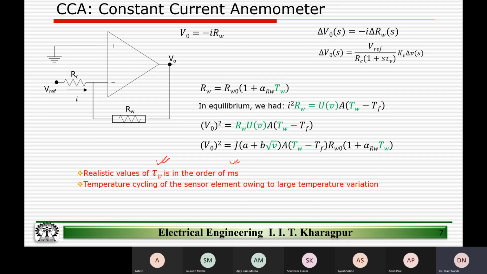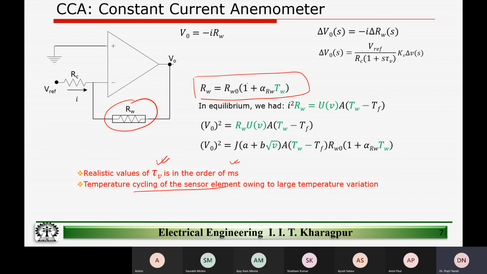There is a second problem with this kind of arrangement. The second problem is the fact that we are keeping the current constant and letting the temperature of the resistance change. That creates a temperature cycling of the element. So these resistors here, what we are showing is the resistance as a function of temperature.